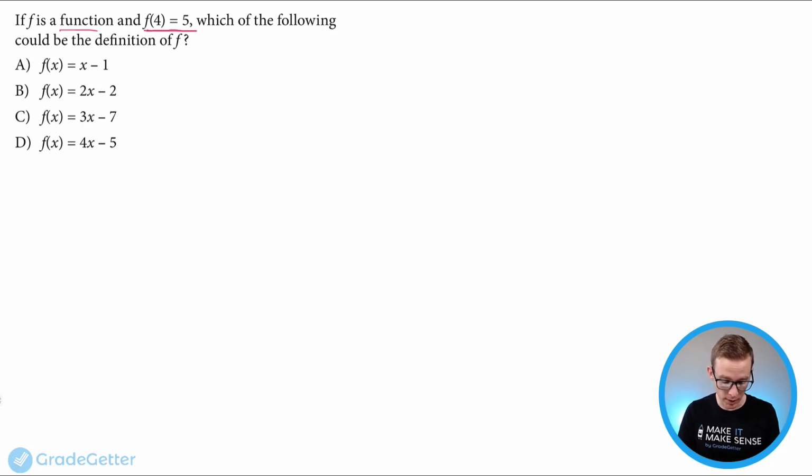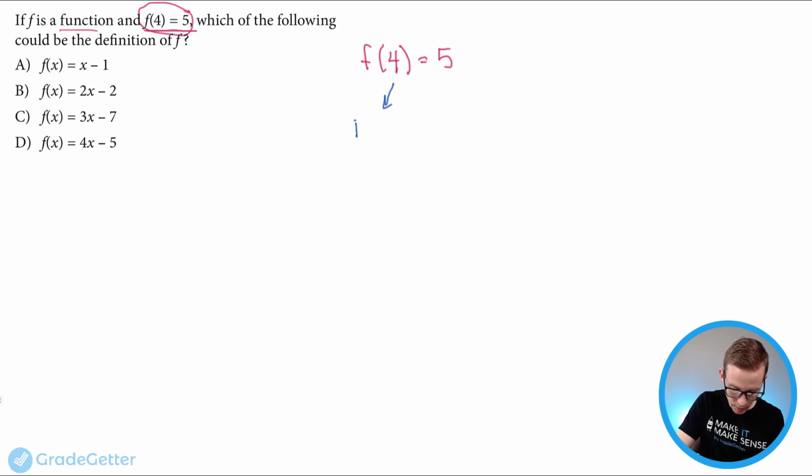However, I am going to write down some helpful information that we're given. Specifically, I'm going to write down this function. So f of 4 equals 5, which just means the 4 is my input. So when I input 4, my output should be 5.